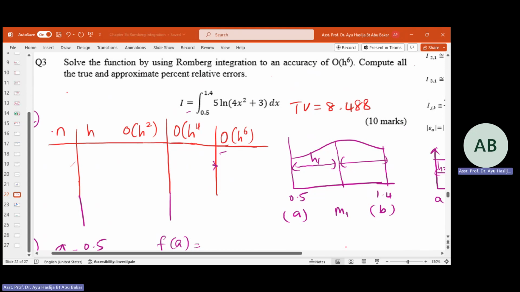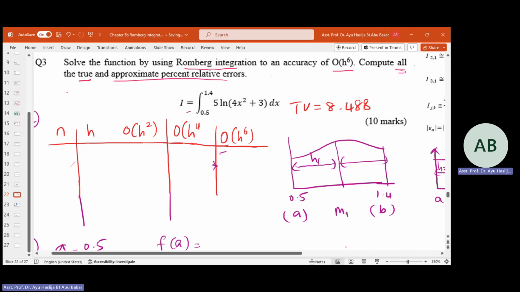Okay, the question asks you to solve the function by using Romberg integration to an accuracy of O(h^6). It asks you to compute all true and approximate relative errors.